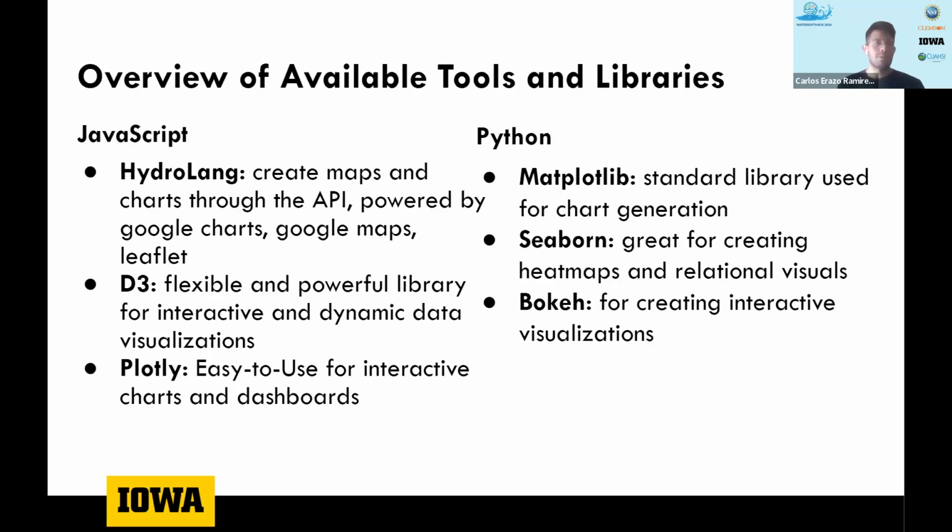If you want the fully customizable option, you can go directly into the nitty-gritty of the options. Seaborn is another one. I like it a lot because you can create really good heat maps and relational visuals with Seaborn. Again, it uses some of the features from Matplotlib. And Bokeh, which is for interactive visualizations. So we're going to be covering some of this today.